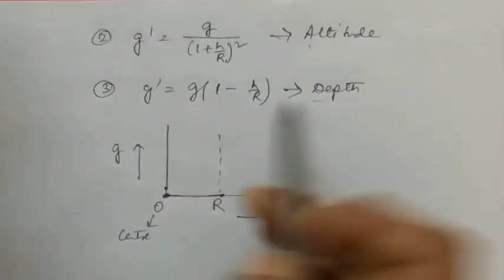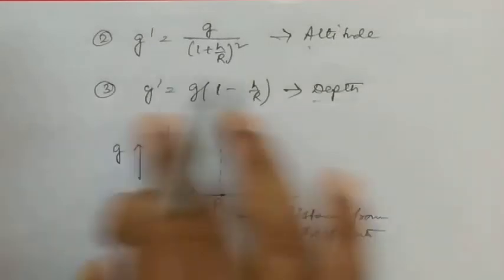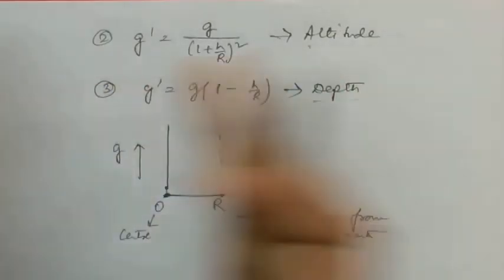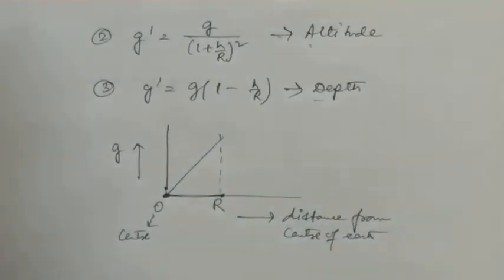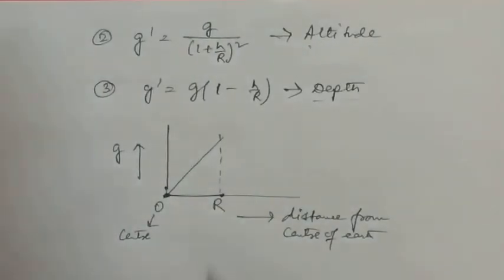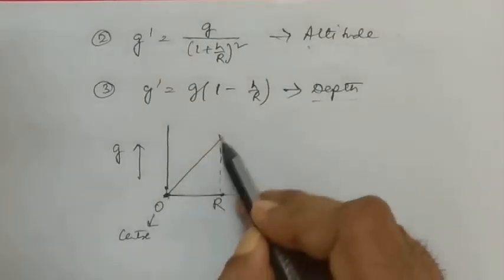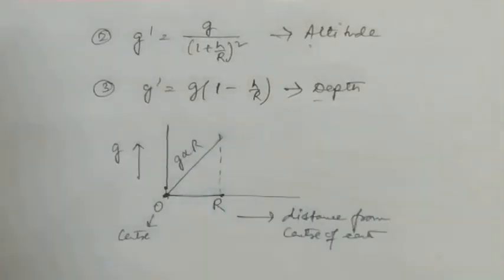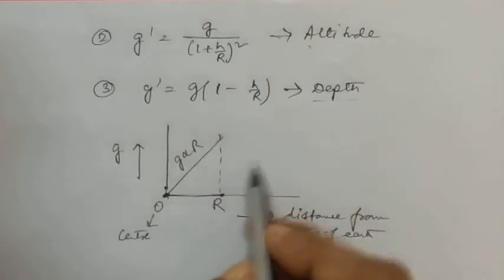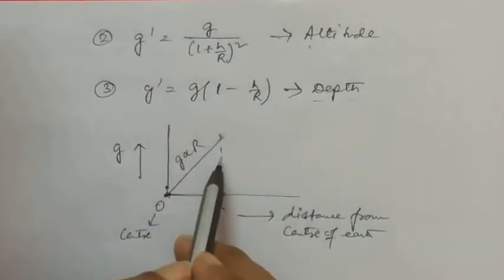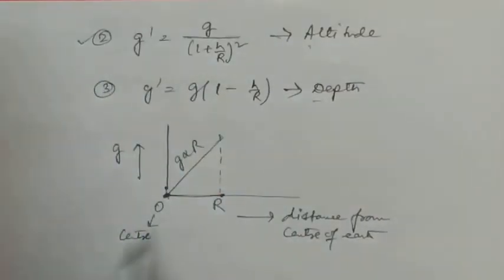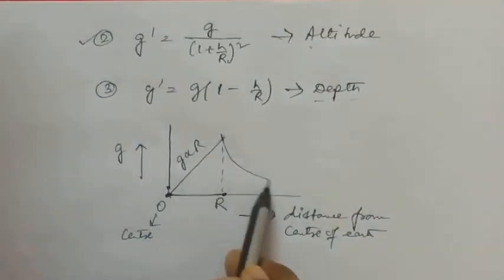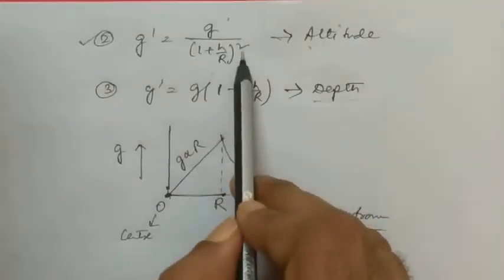Now the variation with depth, we have already studied, is a linear relationship between h and g. A linear relationship means a straight line from the origin starting from the center of the earth. The variation is g proportional to r. And the part which is above the surface of the earth, according to relation number 2, we can get it like this, because this is an inverse square relationship.